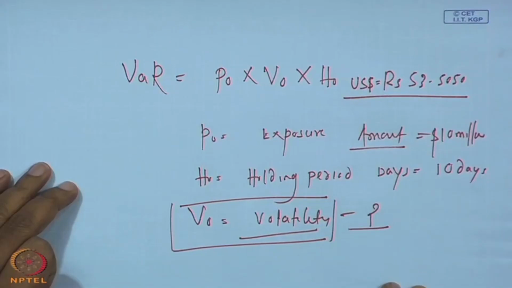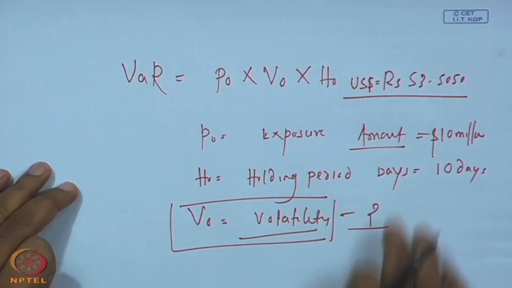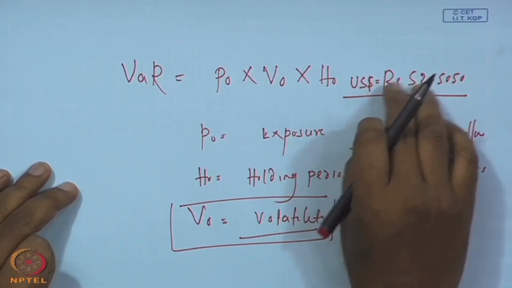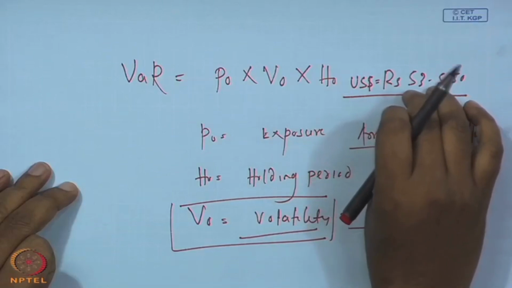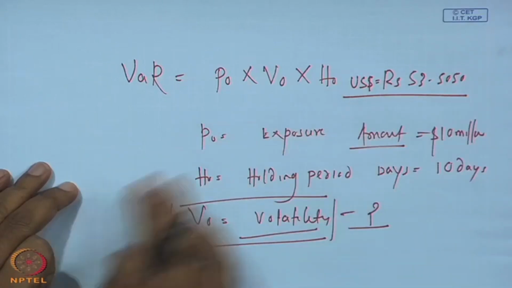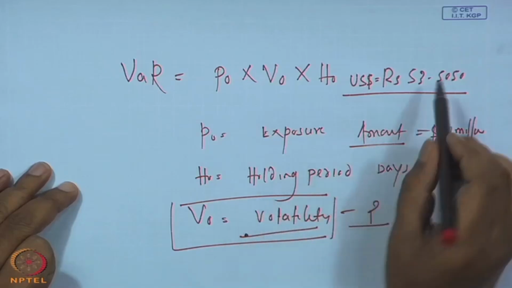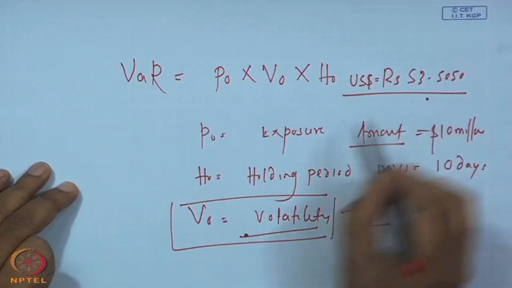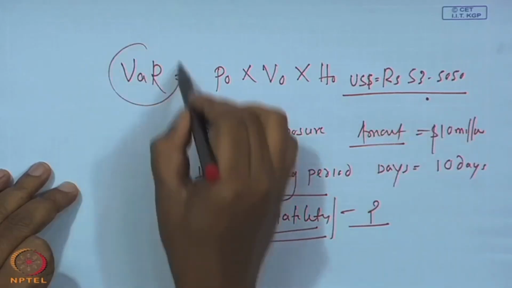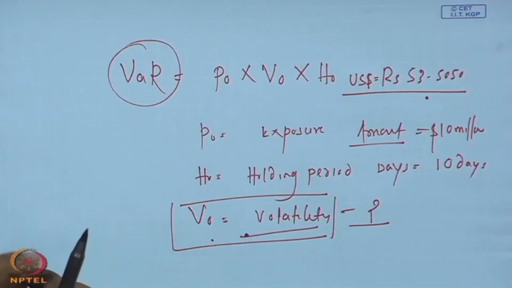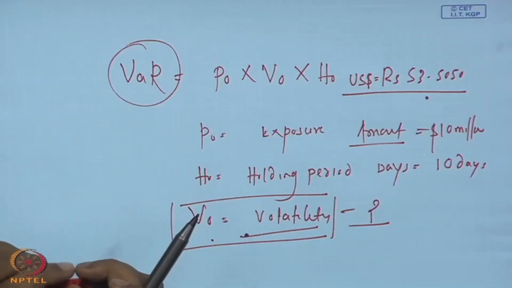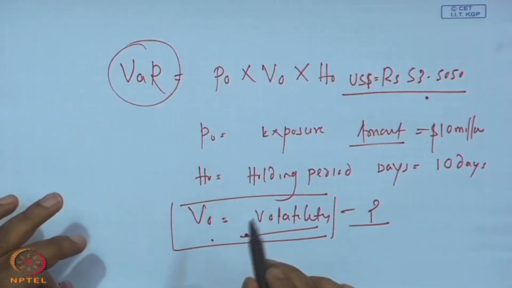Calculate the exchange rate for 240 days, the historical data, and estimate the standard deviation of this. That will give you the volatility calculation. What we estimate as volatility is what gives us a good VAR. The VAR prediction is good depending upon the way you are estimating the volatility.